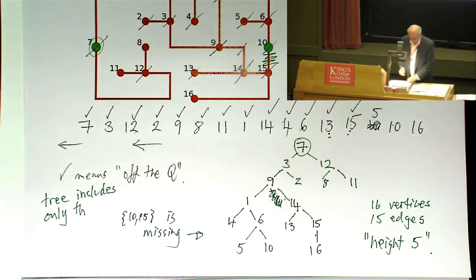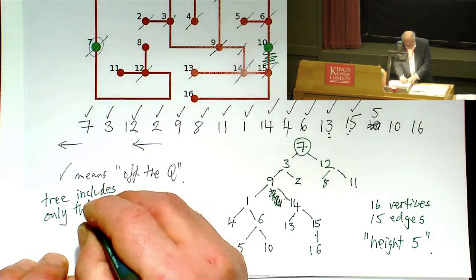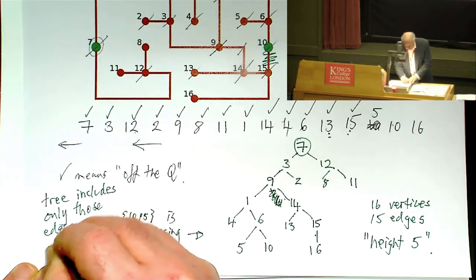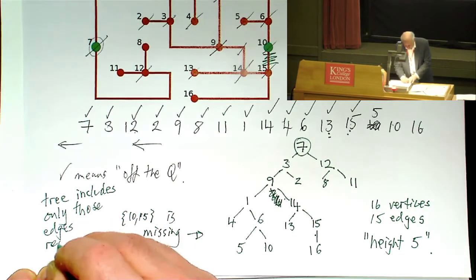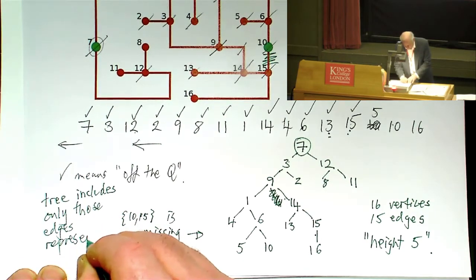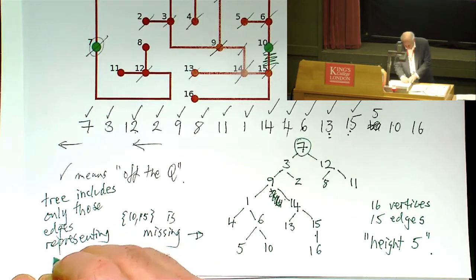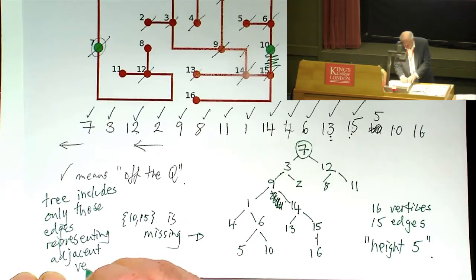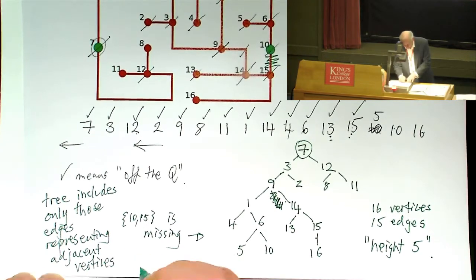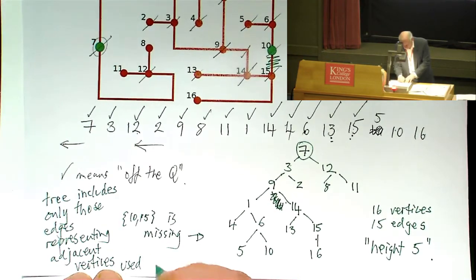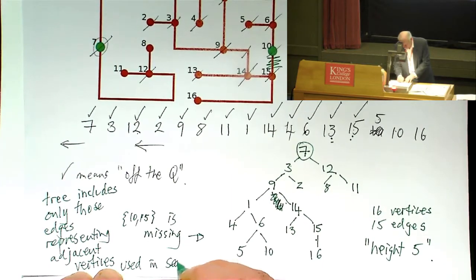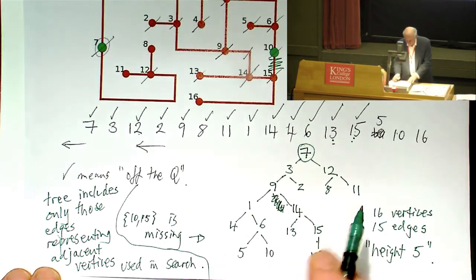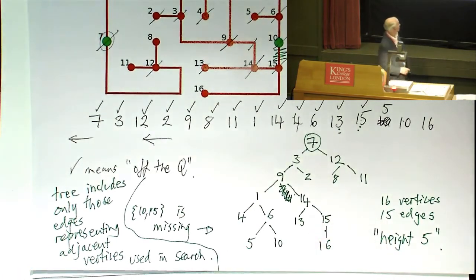In this example we only lost 1. That's how you form the tree.